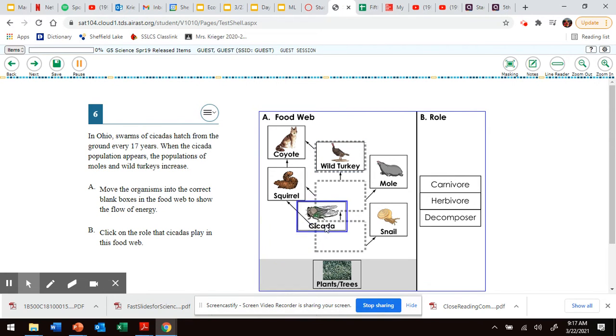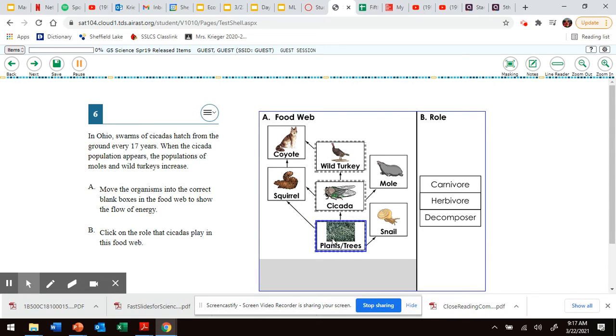Then the cicada, ladies and gents, is going to go right here, because with the cicada, there's more moles and more turkeys. Because if the mole and wild turkey eat cicadas and there's more cicadas, their population's going to increase because they have food. That's what they eat. So cicada goes there. Then right here on the bottom are plants and trees.